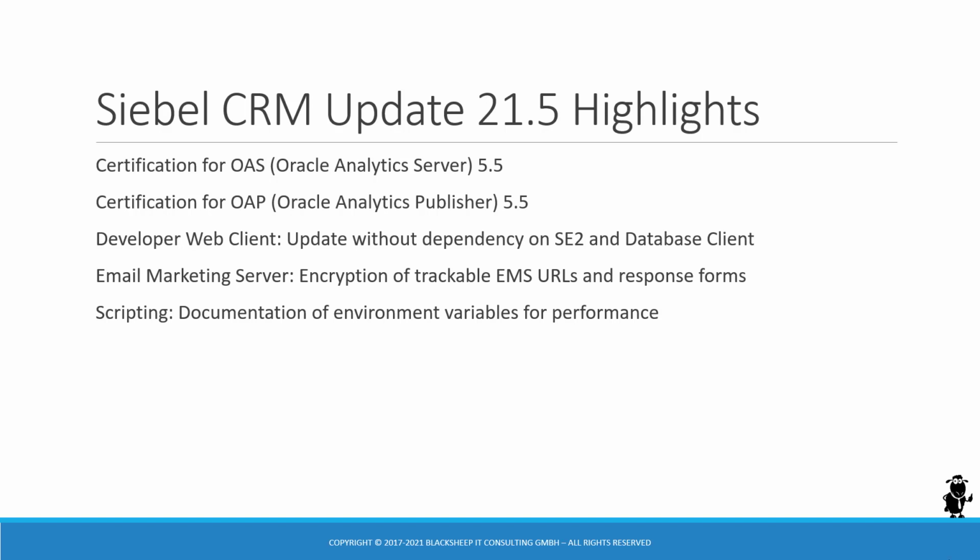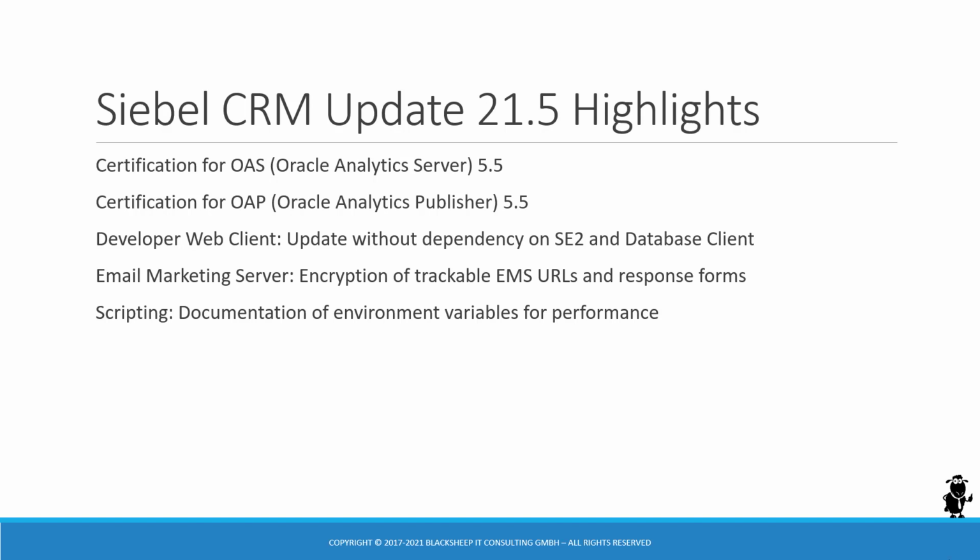Developers will rejoice that the update on a developer web client now no longer forces the installation of Oracle SE2 for a supposed local database engine, which has never existed for Siebel Tools and the development web client since IP17. So this is now gone. You can just apply the binary update and don't need to extract the SE2 database client and then later get rid of it. The email marketing server gets an update too.